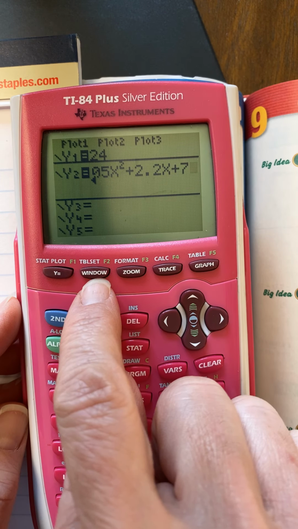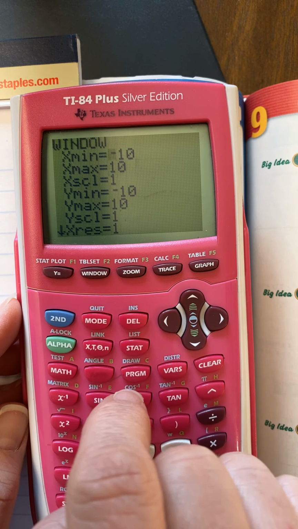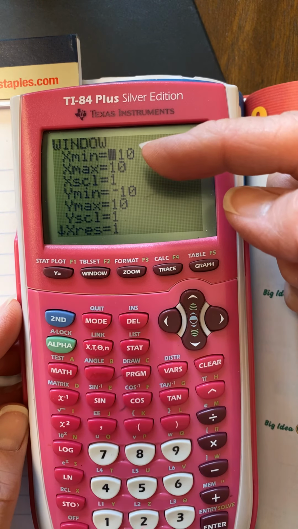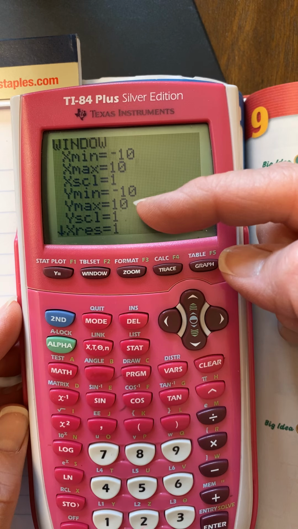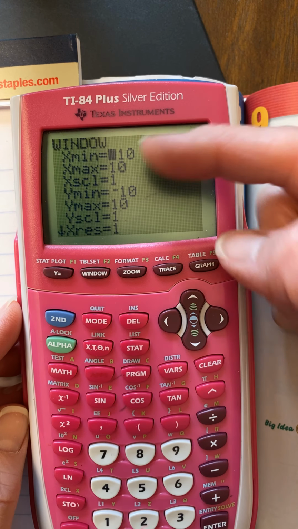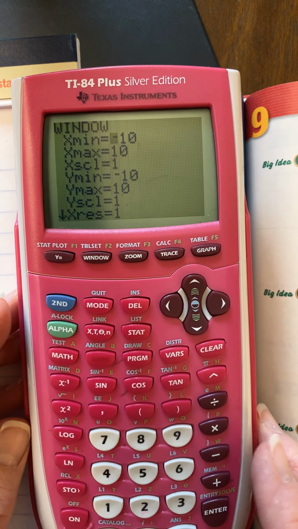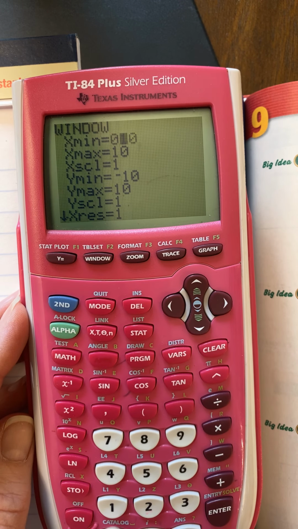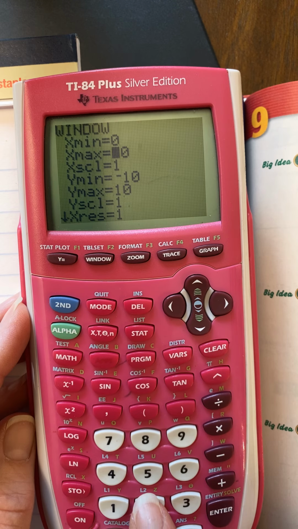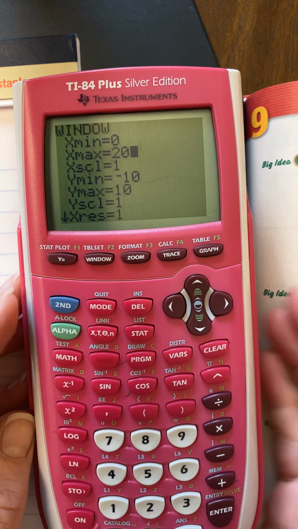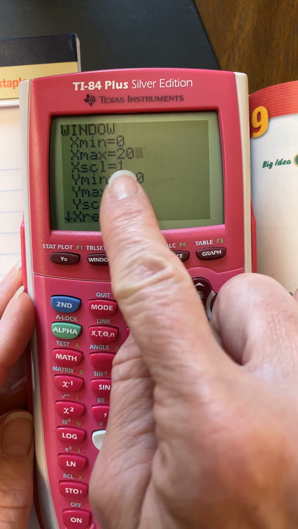Now I have to set my window. Normally, your window would go from x equals negative 10 to 10 and y equals negative 10 to 10. Well, I know that my 0 time is going to be the year 1990. That's kind of my starting point. I don't know how many years that it might take, so I'm just going to use 20. That's just a guess. The scale, I'm going to go by 1.